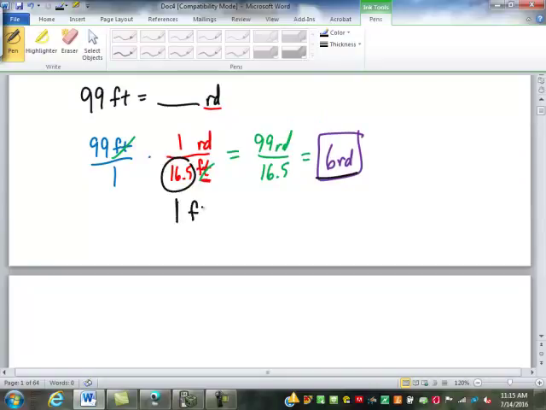So this would be 1 foot, and then whatever goes up here would be a decimal number of rods that's 1 foot. So it'd be like 0.601 or something like that is what it comes out to be. And we'll talk about that more when we look at our metric to standard conversions here in just a little bit.